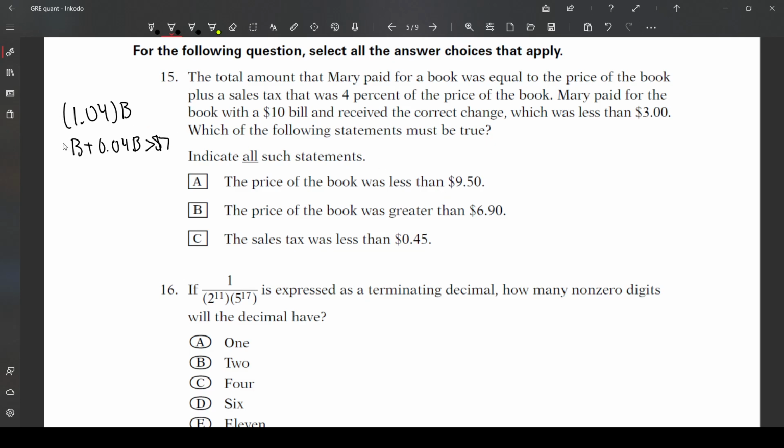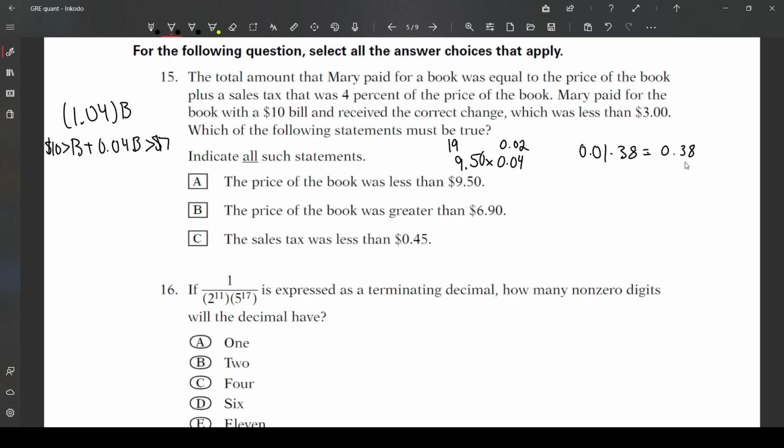Oh, and we also know that this price has to be less than $10. So, could this be, let's say, 9.51? Well, if we multiply this by 0.04, this is going to be 0.02 times 19, and then that's going to be 0.01 times 38, which is 0.38.